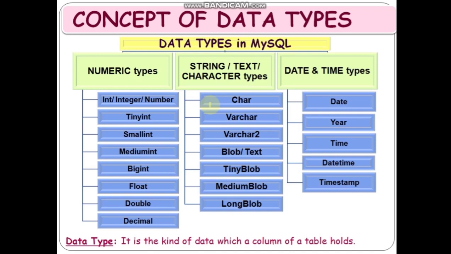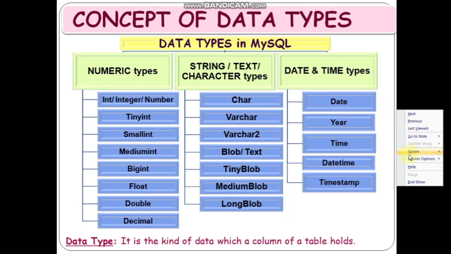So what is the kind of data that particular field is holding, that is data type in MySQL. Now, data types, if we broadly classify, then we have numeric types, string or text type, that is string, text or character types, date and time types. Now, what are there in numeric types?